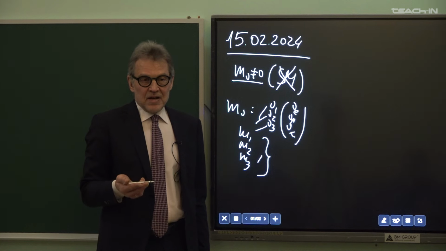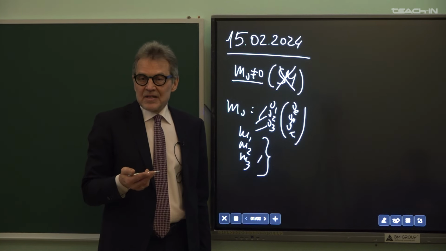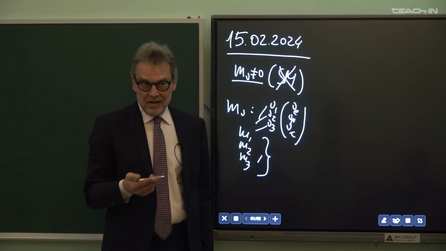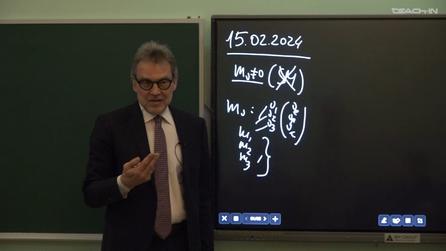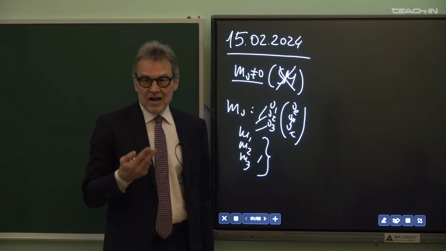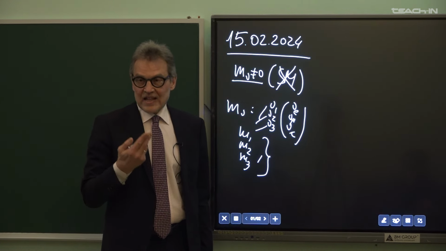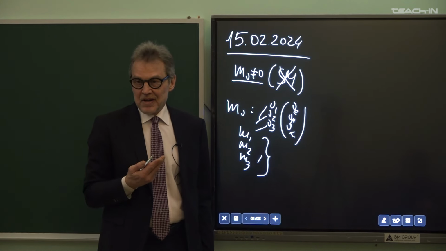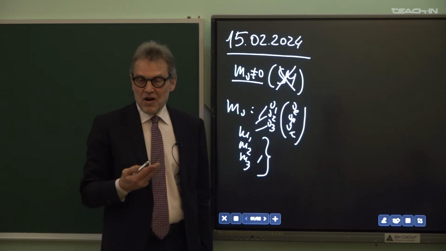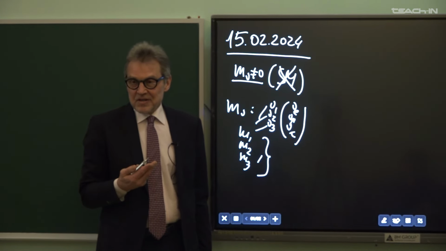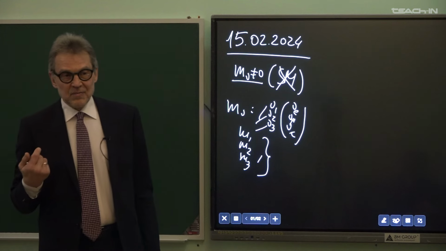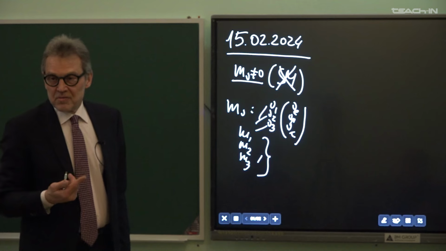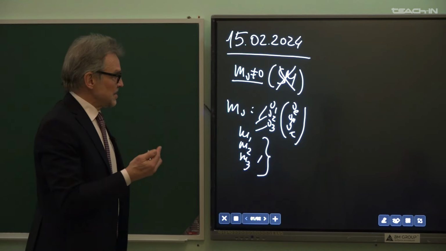If you remember, different non-zero mass square differences are used. With three masses, it is a consequence that at least two are not zero, and in addition they are not equal to each other. Only one mass can be zero, and the rest two are not equal to each other. Okay, this is the status.